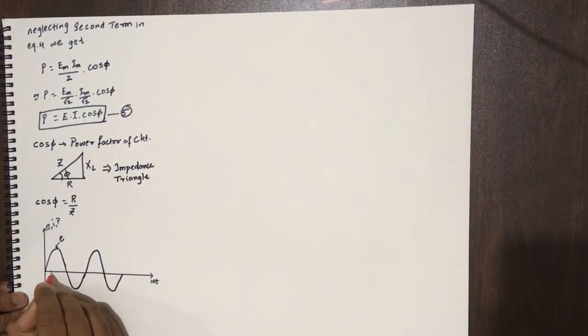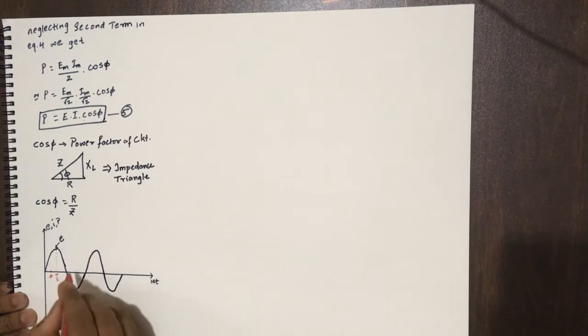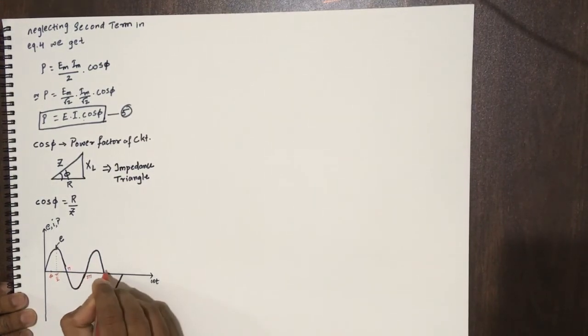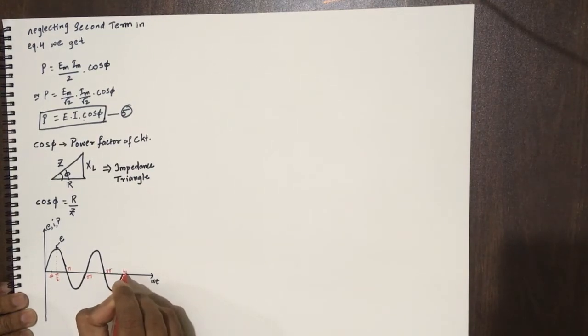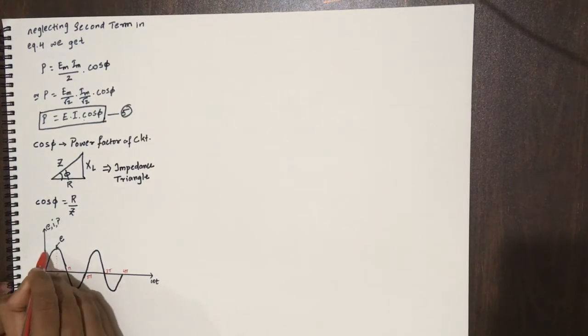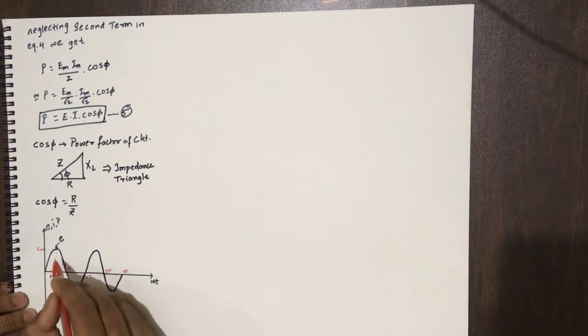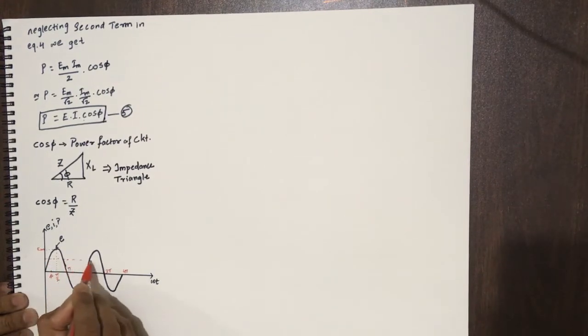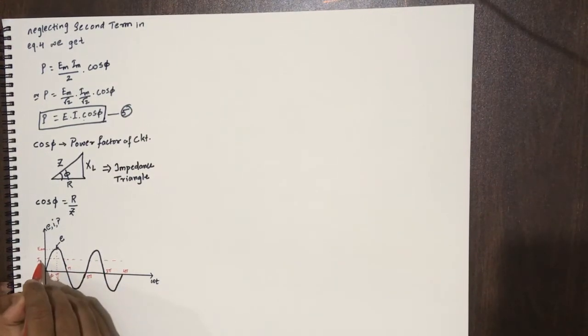Note that this phi should be less than 90 degrees. This is pi, 2 pi, 3 pi and 4 pi and so on. So at pi by 2 this is my Em. Let this be Im.